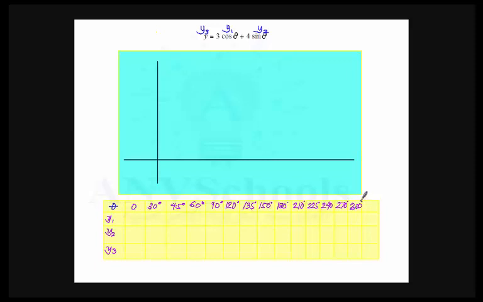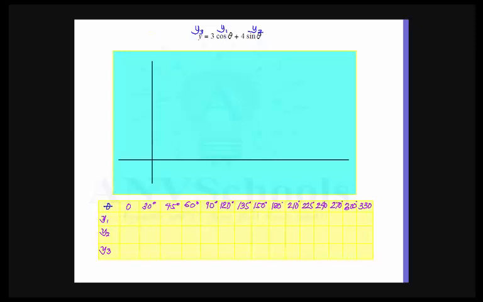Okay, after 300 we will have 330, and we're missing 1 column, so let's just add a column.